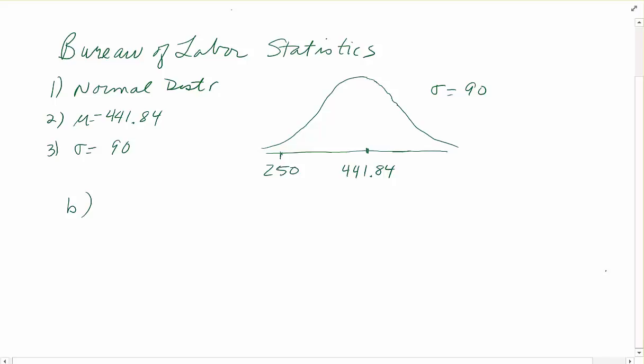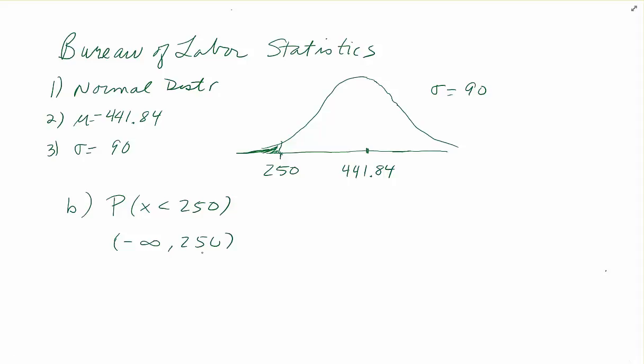And it says the probability the worker earns less than, so we're talking about the area under the curve. So the probability that X is less than 250, and that's basically from the 250 down to negative infinity. Okay, so find that area.